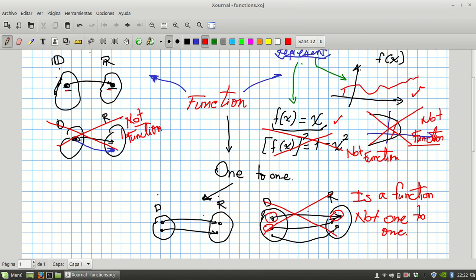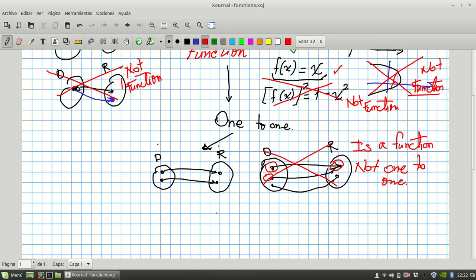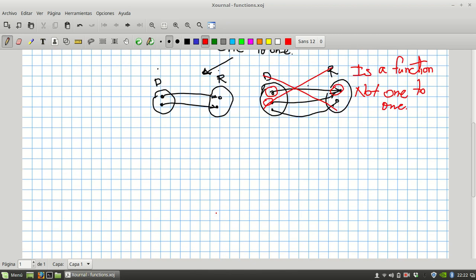Okay? And you may say, okay, why do we need to use one-to-one functions? We use one-to-one functions because if I have one element of the range corresponds to one element of the domain, I may change the dependent and the independent variable to find something called the inverse of a function. The inverse only works with one-to-one.